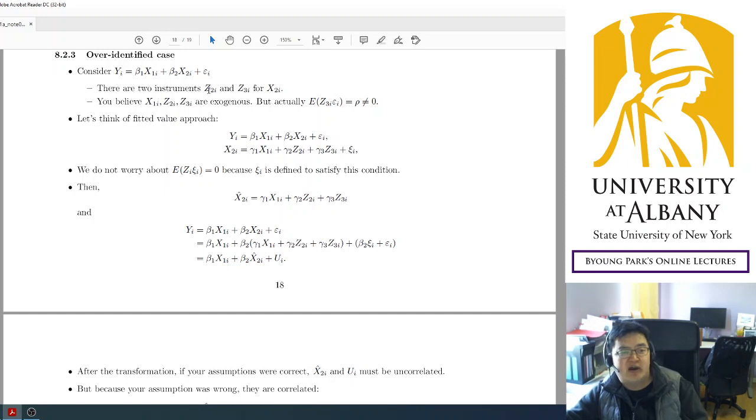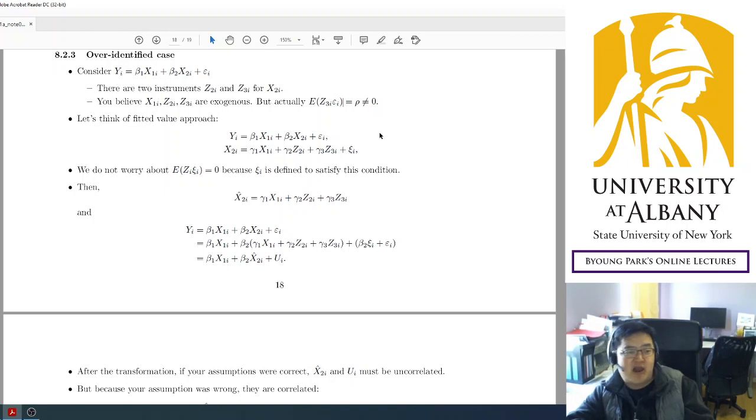So Z2 is fine. Z2 is a correct instrument. So if you have not used Z3, then everything is totally fine. But what is the effect of including an additional instrument? But actually it was wrong.